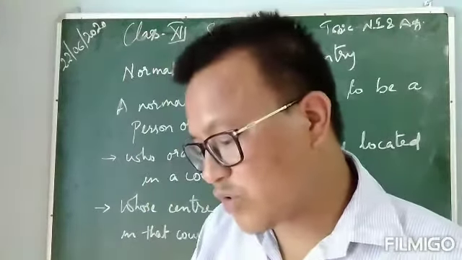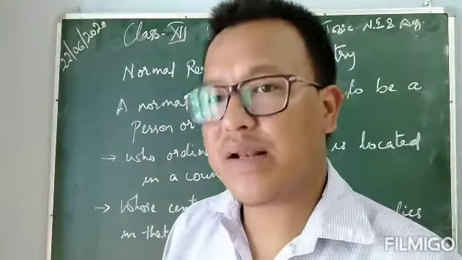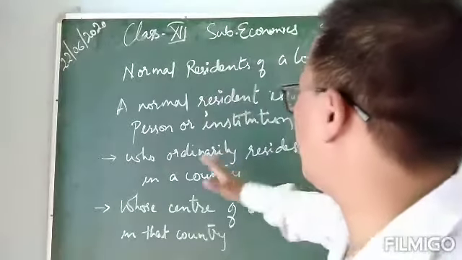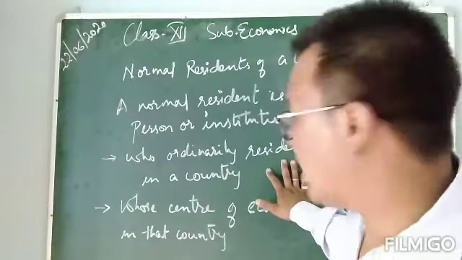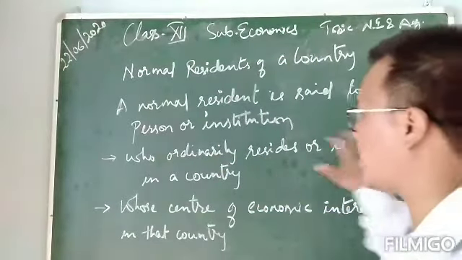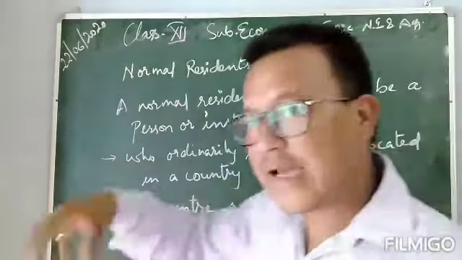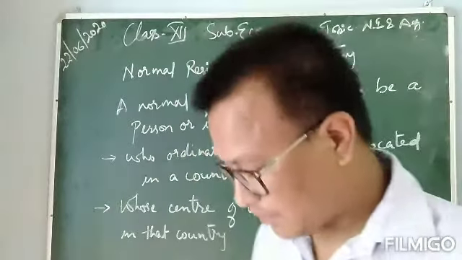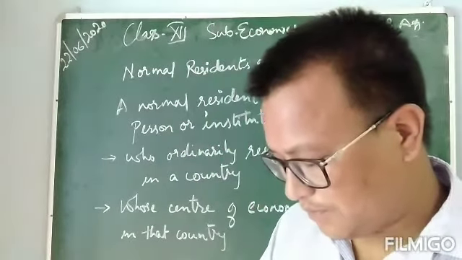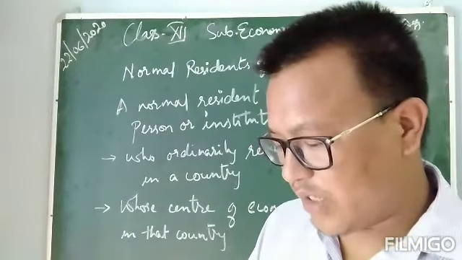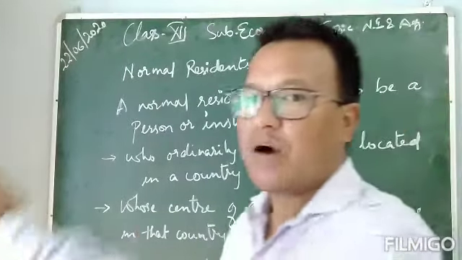National product includes goods produced by normal residents. And who are normal residents? Normal residents are those who ordinarily reside in a country, or whose center of economic interest lies in the country where they live, irrespective of whether the activity is performed within the economic territory or outside the territory.